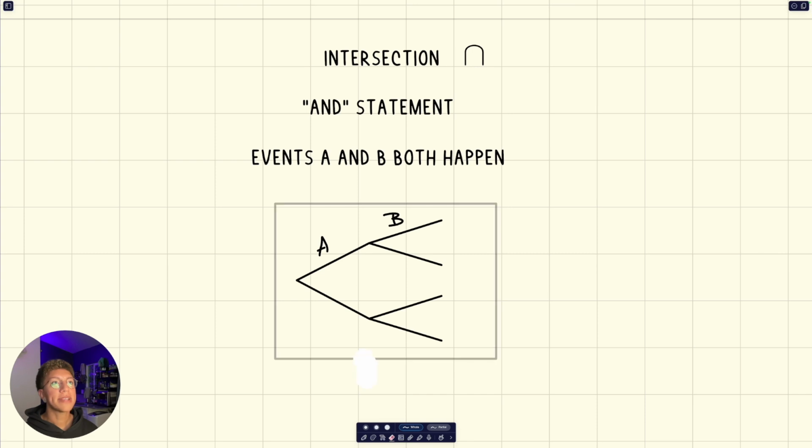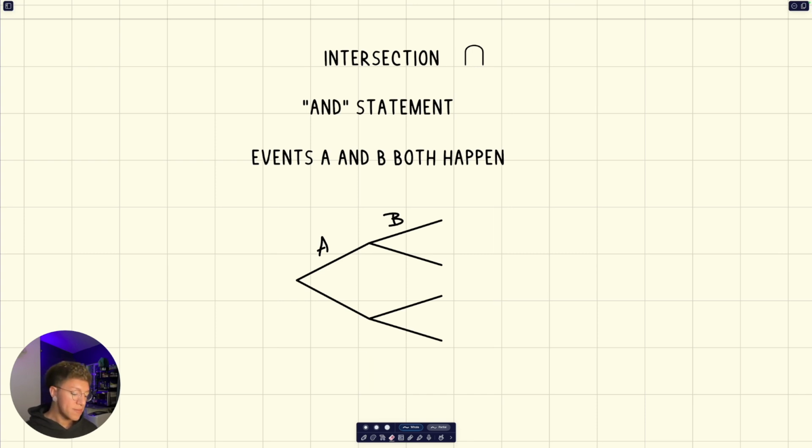A and B occur in this tree diagram when we take our A happens path, so A occurs, and then we take the B occurs path as well. Whatever our probabilities are here, maybe it's 1/2 and 1/4, the result is 1/2 times 1/4, again multiplying along the branches, to give us 1/8. This is our probability of A intersection B.